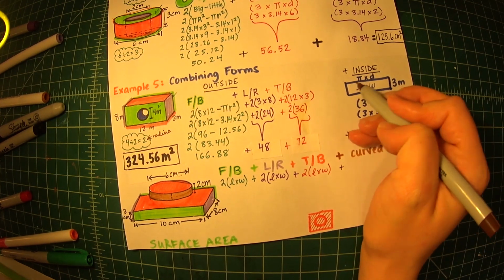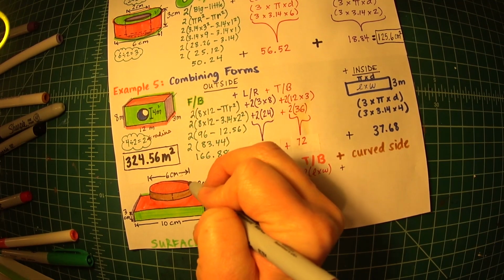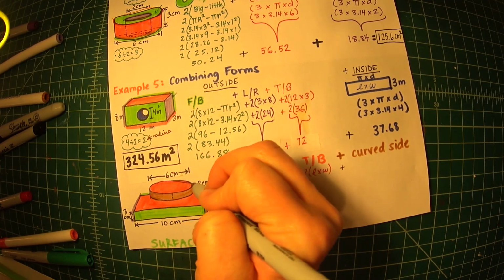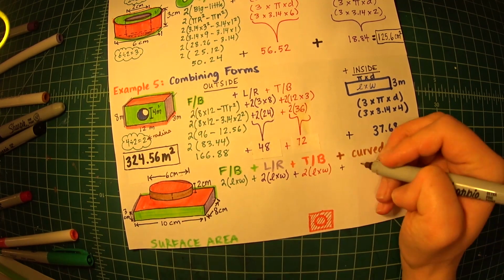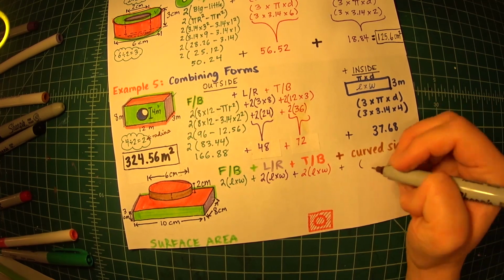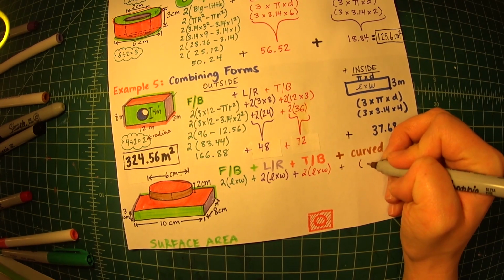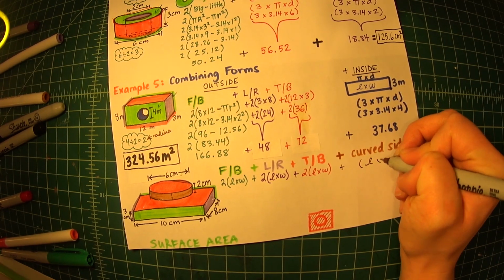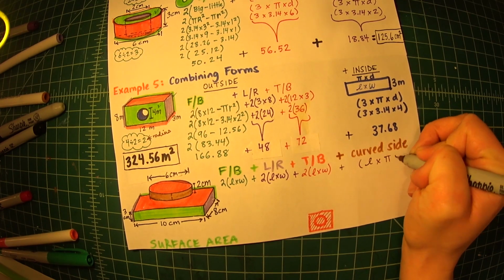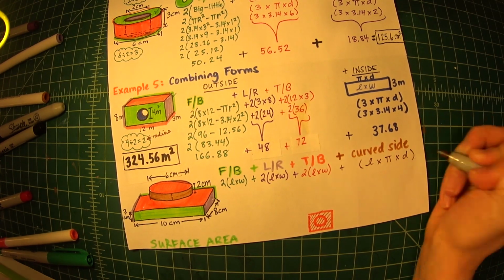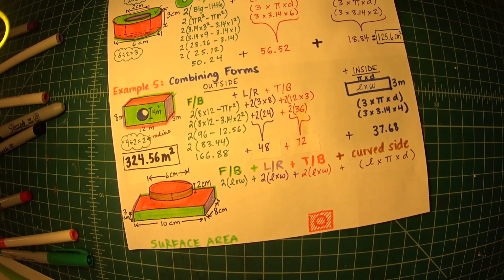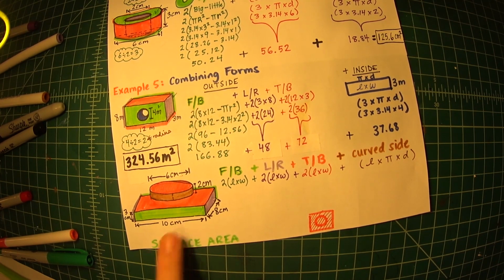And then the width of that rectangle would be what wraps all the way around the circle. So in other words, the circumference. So anytime I'm trying to find one of these curved sides for a cylinder, it's always just length times pi times diameter. So that is the formula that I would use for this kind of form.